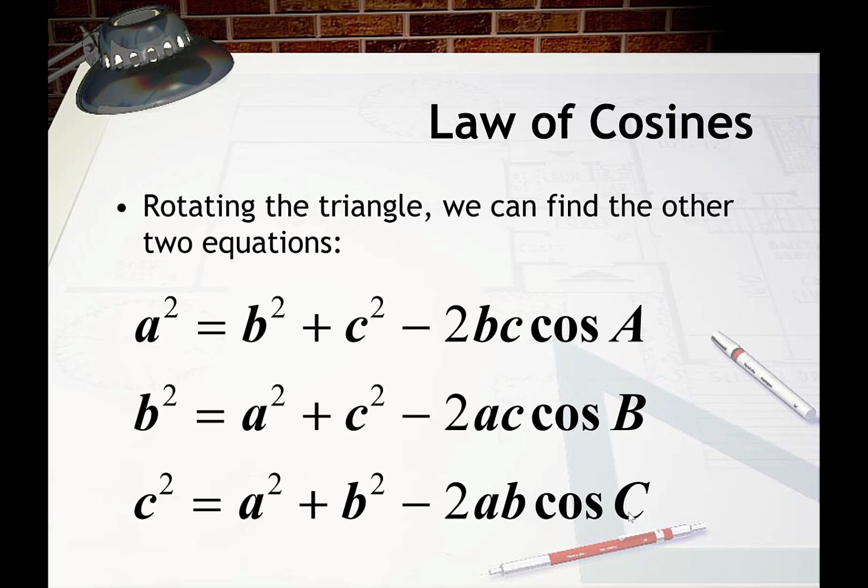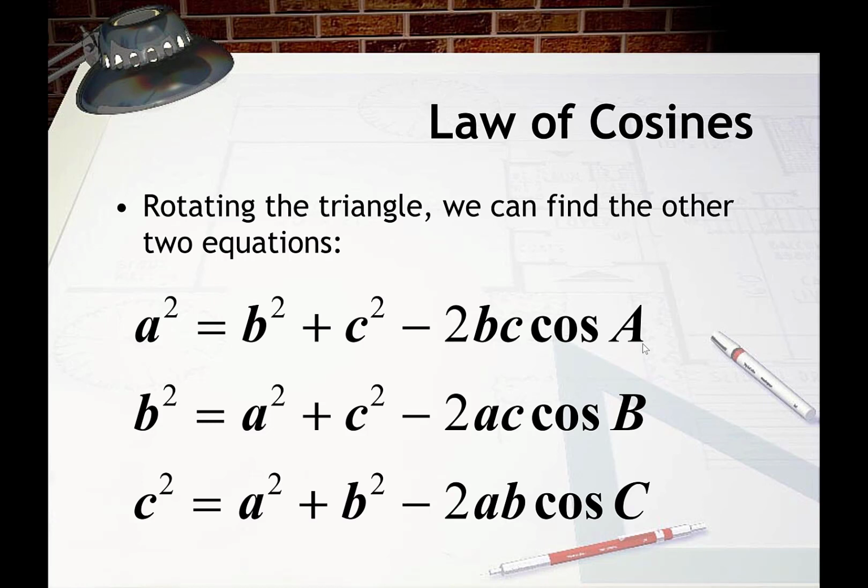Now, sometimes we'll be looking for this. This is the way we would use the law of cosines to find side-angle-side. We would use it to find the third side. So if we're given b and c and a capital A, we'd use the top version.